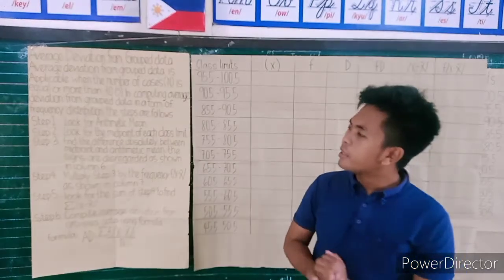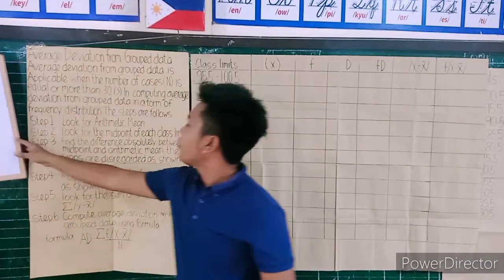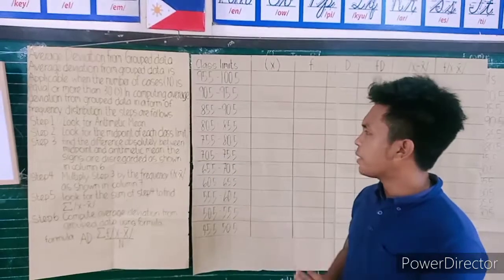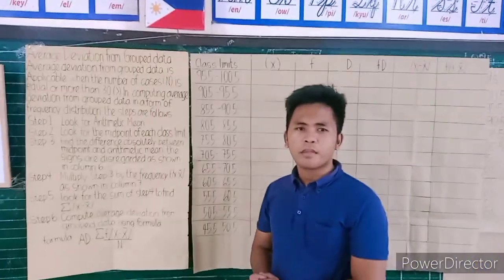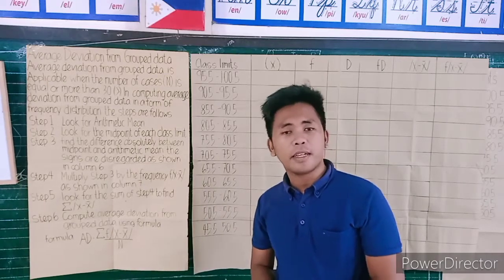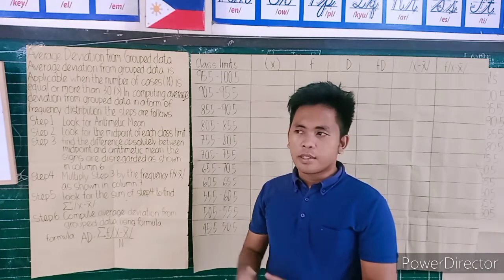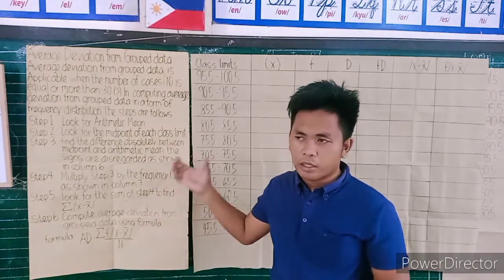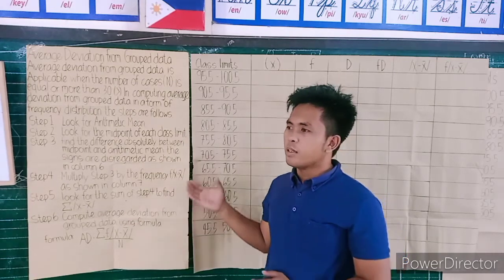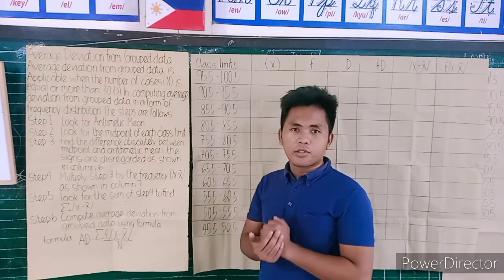The first step says that we need to get the arithmetic mean. What is the arithmetic mean? It is the summation of all the scores in the table divided by the number of cases, or the number of respondents.